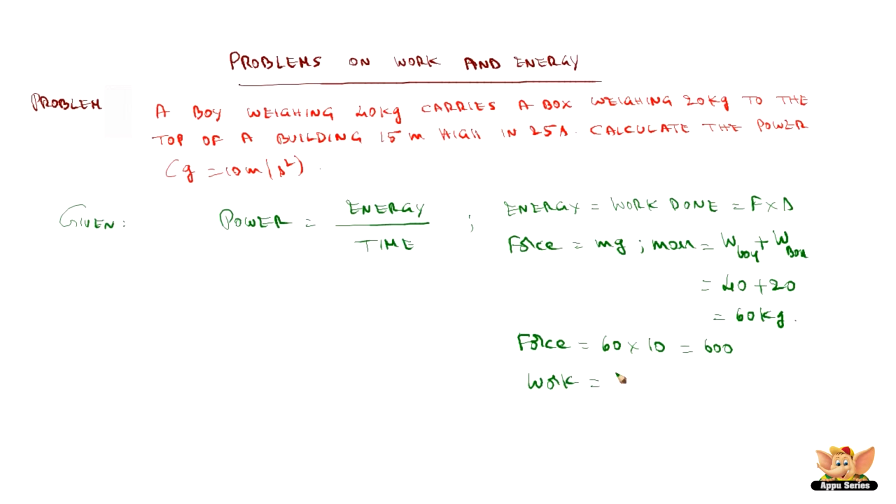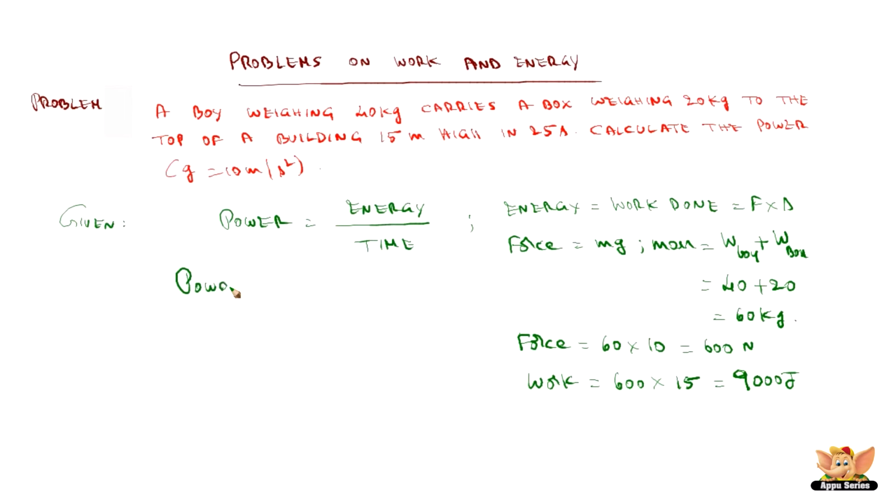Work done is equal to the force, 600 newton, into the distance S, which is given as 15 meters, which will become 9000 joules. So the work done or energy consumed by the man is 9000 joules.